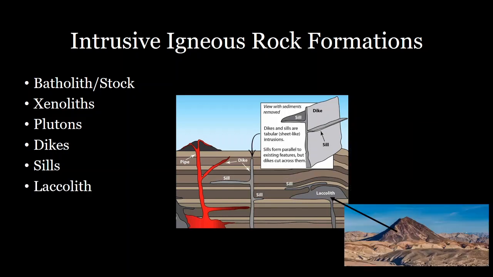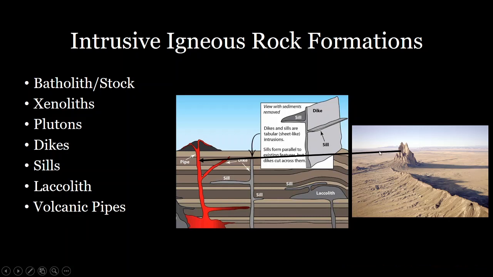And then a laccolith is just a particularly thick sill, a sill that's gotten so much magma pumped into it that it bulges out and deforms the rock above it, and it forms this lens shape. This mountain here is formed as a laccolith.